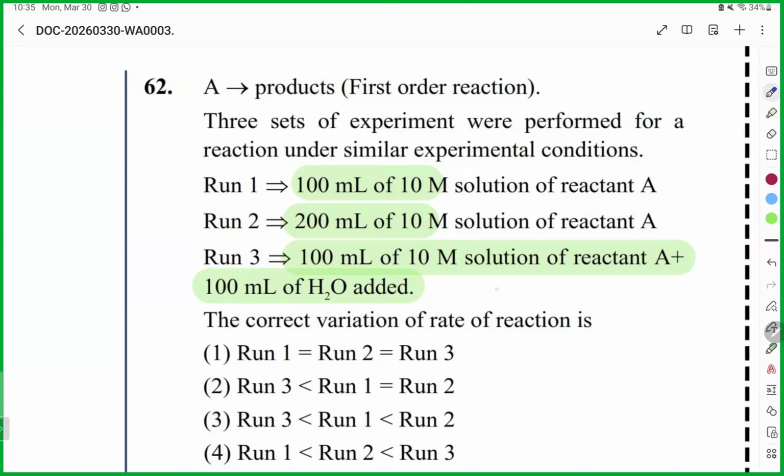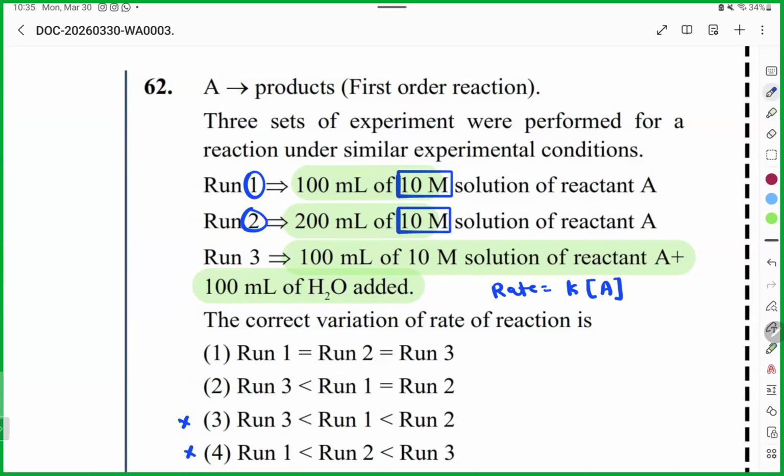In a first order reaction, rate is equal to K times molarity. Correct? It does not depend upon the volume, it depends upon the molarity. In the first reaction, molarity is 10. In the second reaction, molarity is 10. So it means 1 and 2 will definitely be equal.